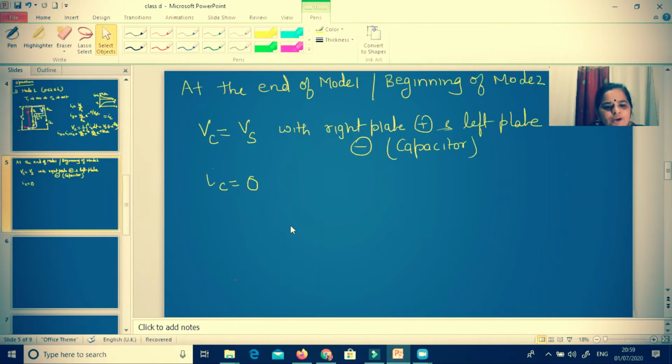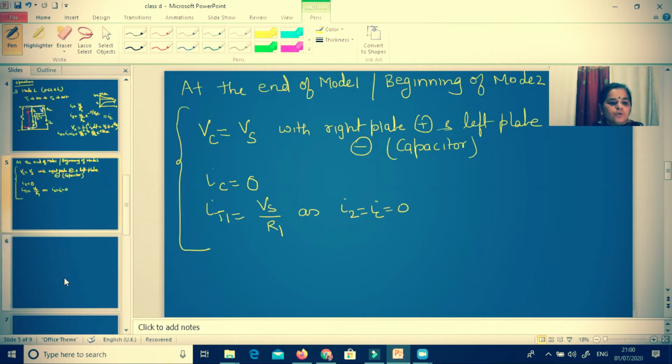So at the end of mode 1, as IC is 0, IT1 will be Vs by R1, as I2 or IC is equal to 0. So this is the situation at the end of mode 1.